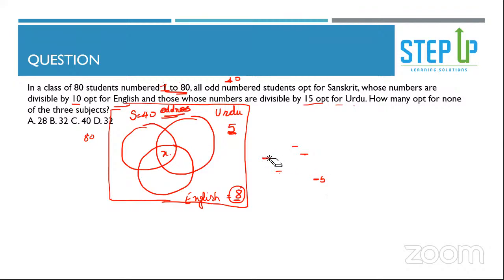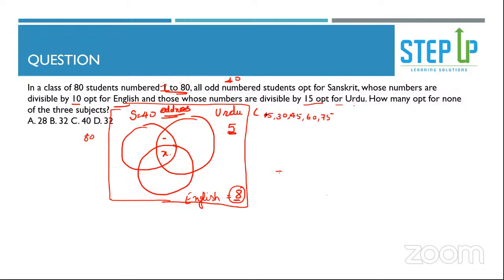Thank you. So you mean to say the people who know Urdu are divisible by 15, not by 5. So 15, 30, 45, 60, and 75.